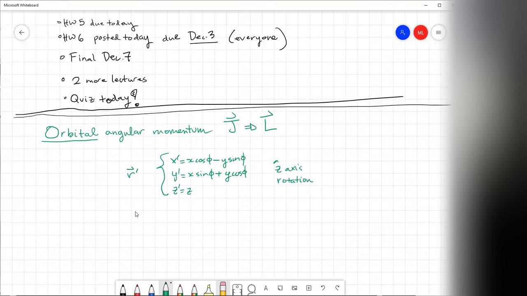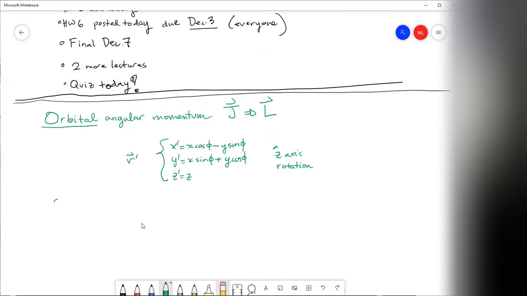And where we left off last time is we were trying to understand if a wave function, in this rotated frame, picks up any kind of phase when we rotate. The rotated wave function, the wave function in the rotated frame, is the wave function in the old frame that's not rotated, evaluated at the inverse rotation operating on the coordinate.